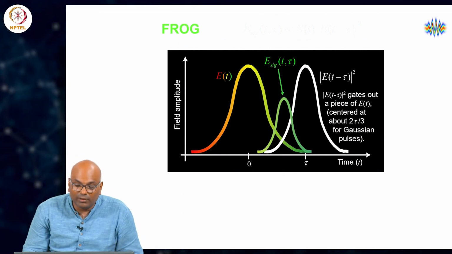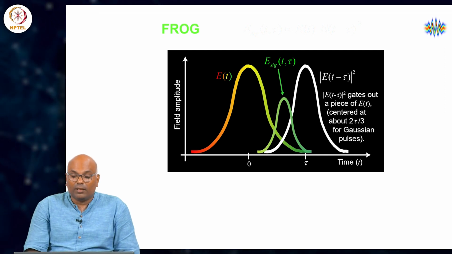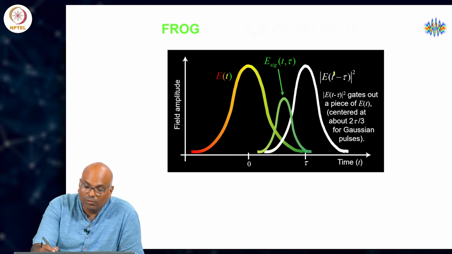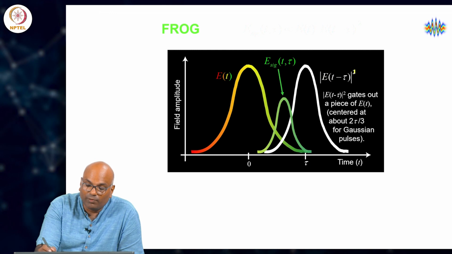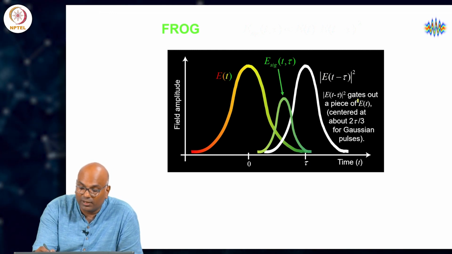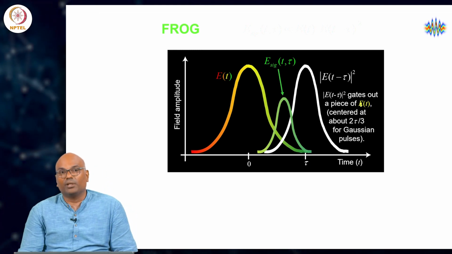So, the FROG technique is one in which this quantity, the absolute value square of E of t minus tau, in the case of the third order realization, gates out a piece of E of t, the waveform itself.